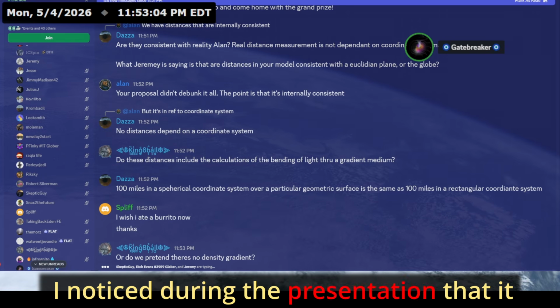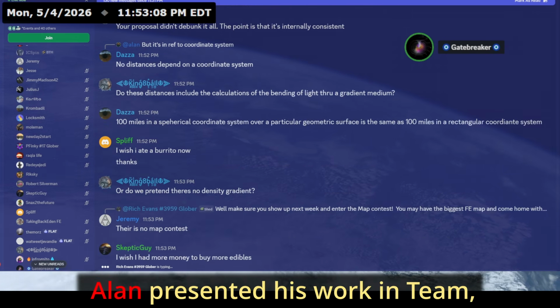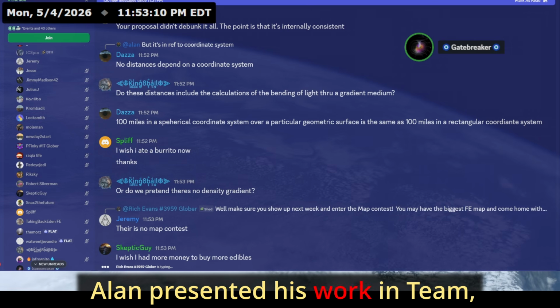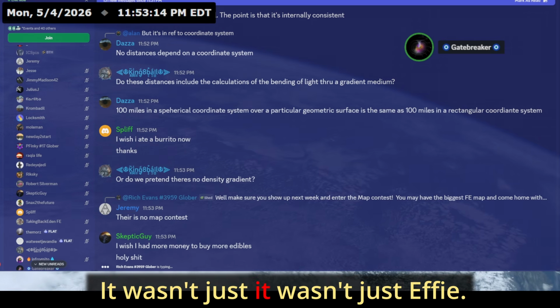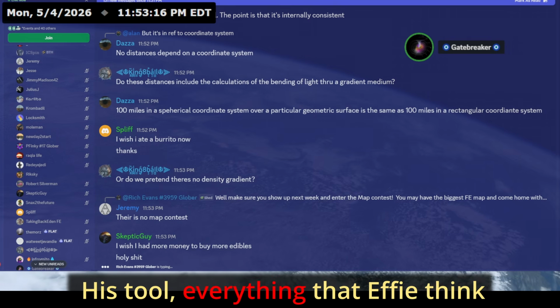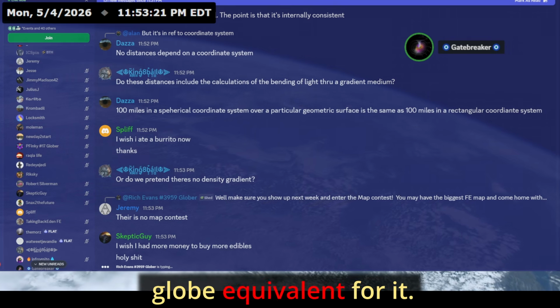I noticed during the presentation that there was a vibe in the room, the way Alan presented his work in team, which is great. It wasn't just FE. His tool, everything the FE could do and demonstrate, there's the globe equivalent for it.